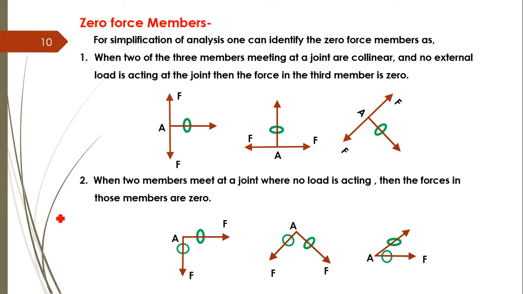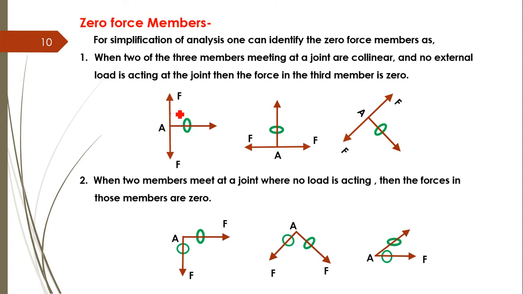First, when two of the three members meeting at a joint are collinear and no external load is acting at that joint, then the force in the third member is 0. It means that if I am considering a joint A, and at joint A there are three forces, the first, second and third.